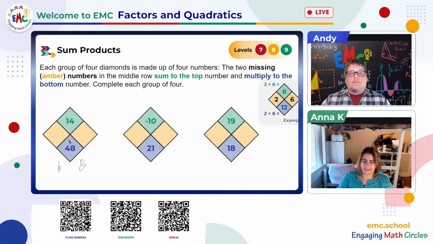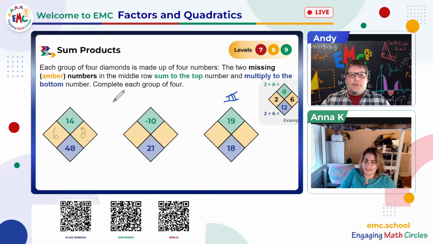And that is exactly the answer, 6 and 8, because those add to 14. So 6 plus 8 is 14, and 6 times 8 is 48. That's the name of this game. If anybody's playing along in chat, see if you can get the third one before we get to it.